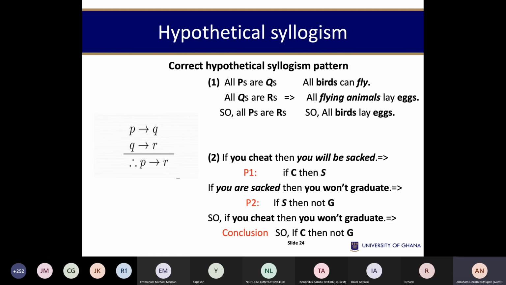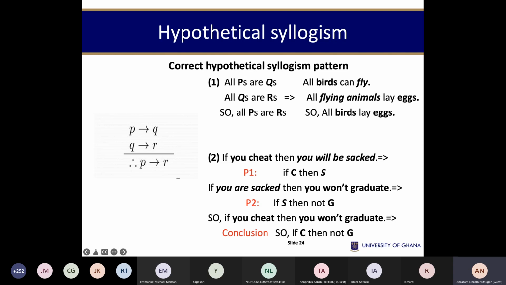The next one I want to talk about is what we refer to as hypothetical syllogism. The formula for hypothetical syllogism is: if P, then Q. If Q, then R. Therefore, if P, then R. So if you look at the first example here, all P's are Q's.